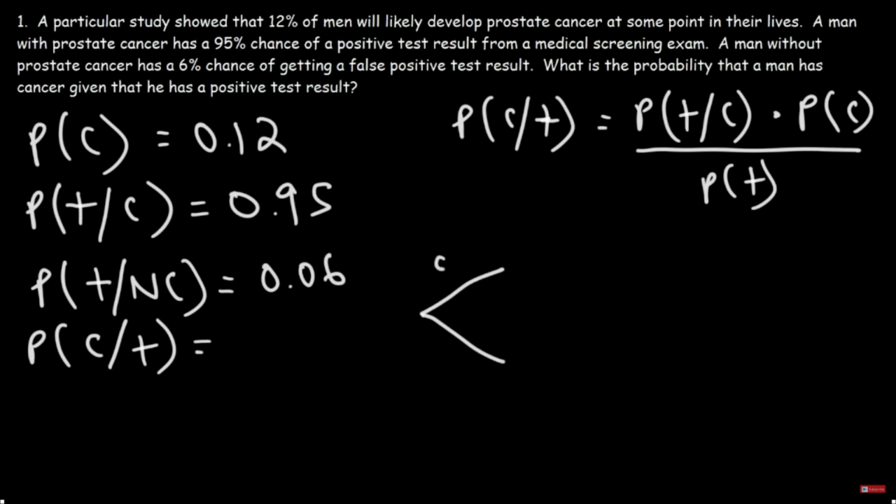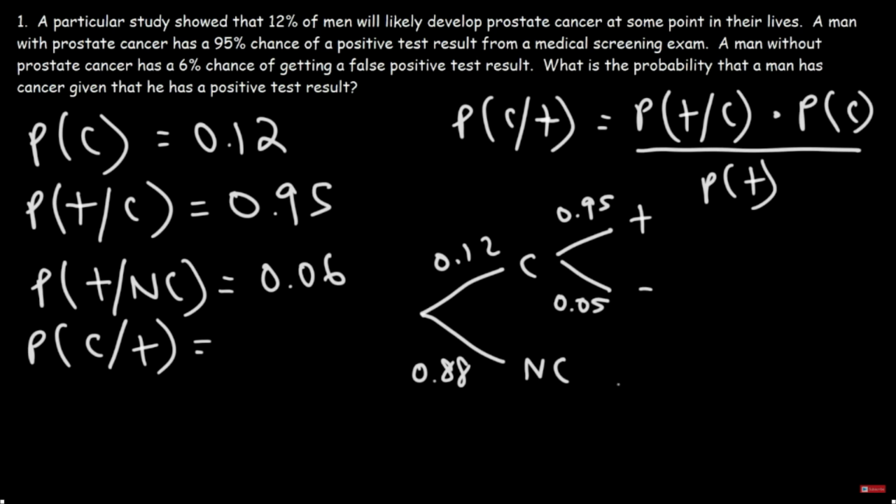So 12% of the population will have prostate cancer based on this particular study. That means that 88%, which is 100 minus 12, or 0.88, will not have cancer. Now, out of those who have cancer, 95% of them will have a positive test result, which means the other 5% will have a negative test result.